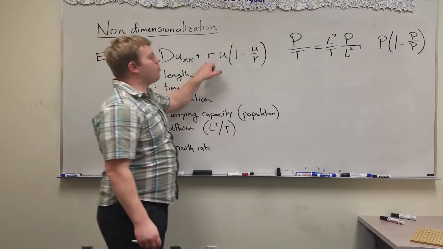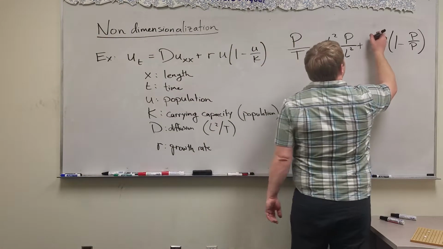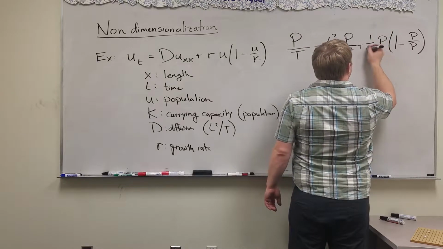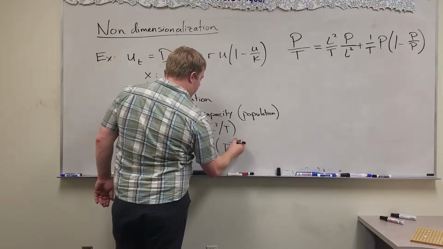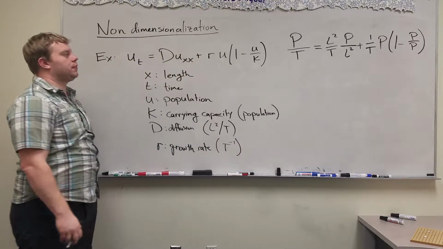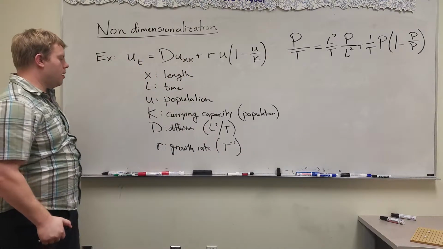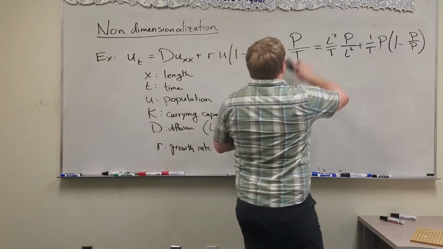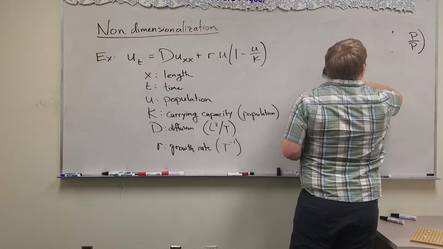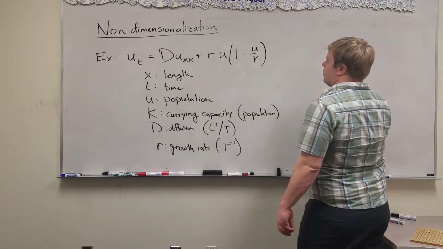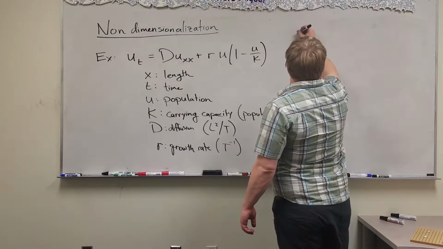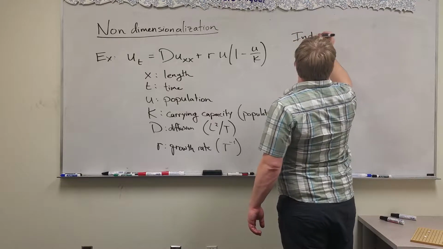So that means that my growth rate r has to have a dimension of inverse time. Okay? And this will help me find the change of variables that I want. So let's start with independent variables.